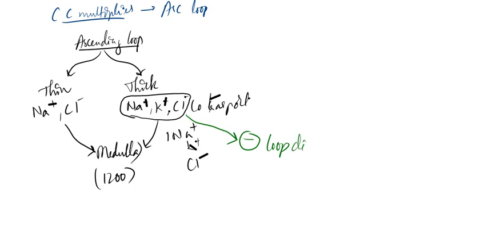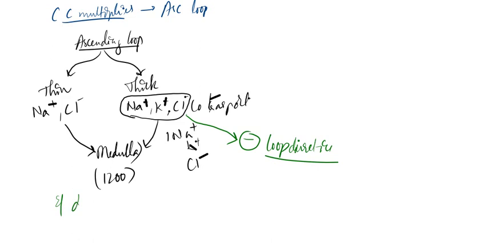So loop diuretics act in the loop of Henle. Which loop of Henle? Thick ascending loop of Henle, right? Okay. If you talk about the congenital aspects, there is a defect in all this mechanism.